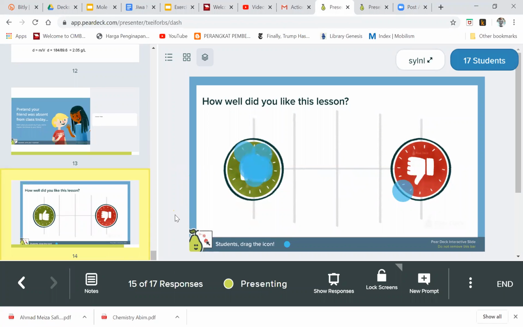15 students have already responded, 2 more students. Okay, so most of you like this lesson. Thank you. So this is the beginning. I just tried to use one application that I learned, Peerdeck, where you can interact with the teacher.